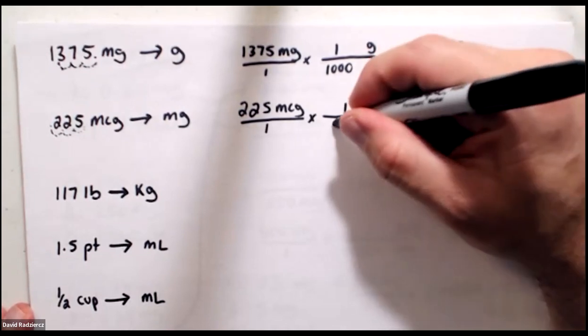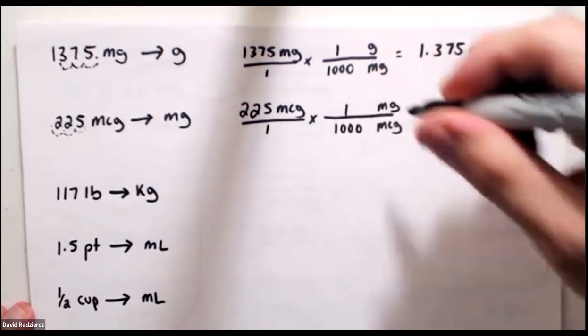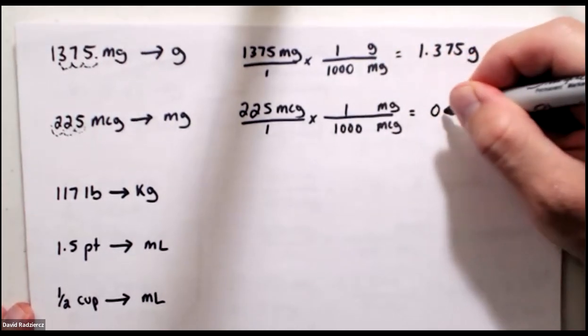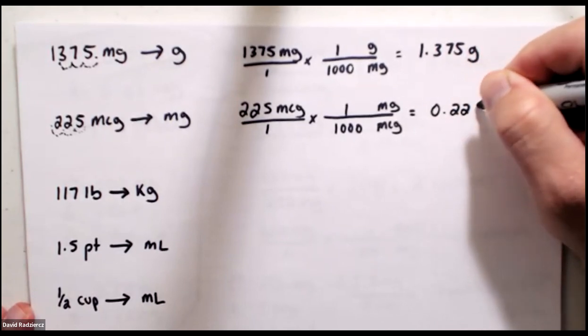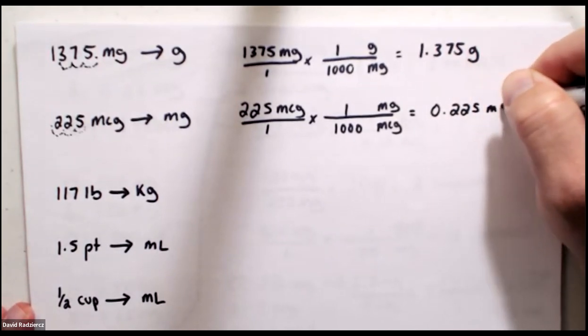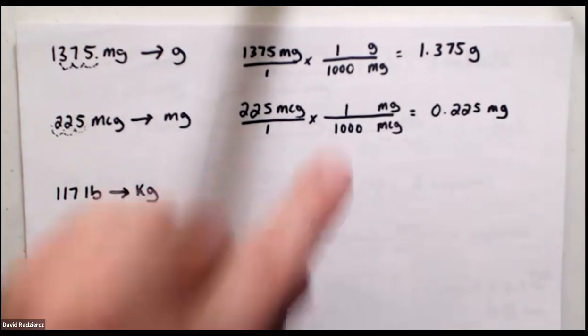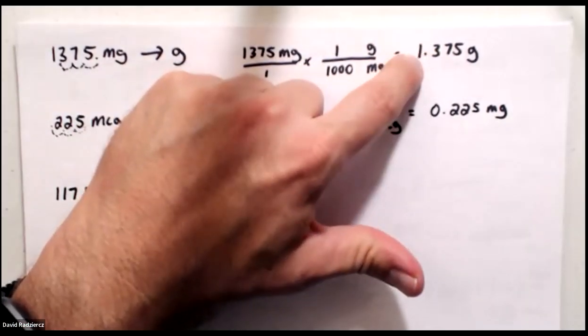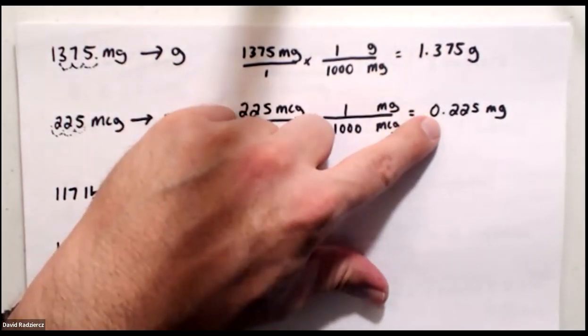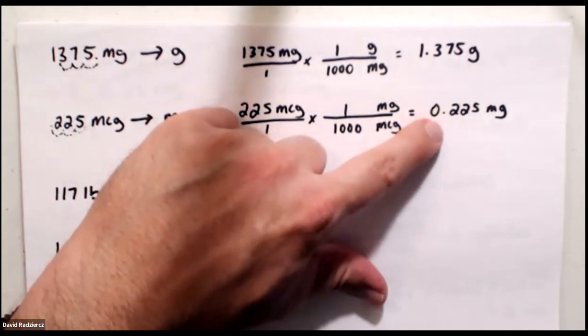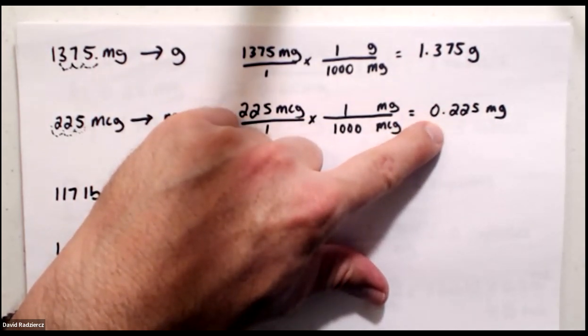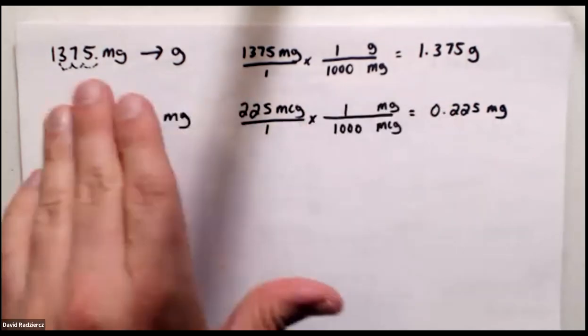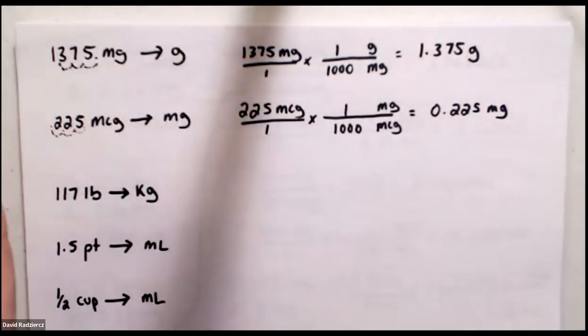And 1 milligram is equal to 1,000 micrograms. And you get the same answer, 0.225 milligrams. And like I said up here, that's your answer. And just like it is here, this is your answer. Do not round that answer. 0.225 milligrams is your answer when you're doing just basic conversion type questions.